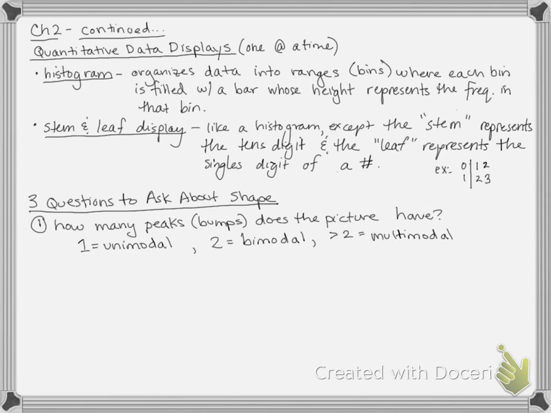And the only one that would be like a picture that has no peaks would be a flat picture. We would refer to that as uniform, because all the peaks have the same uniform height. Kind of like people wear uniforms so that they all look the same. So these are our ways to describe the picture.